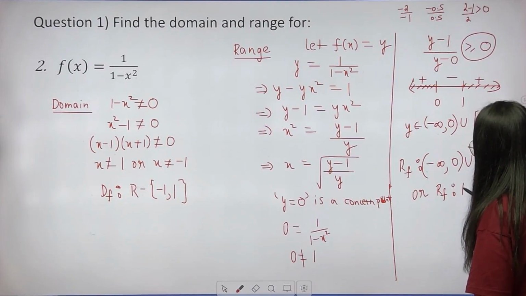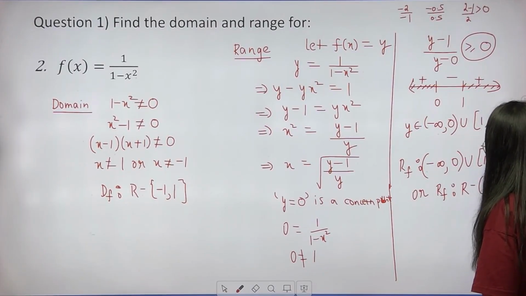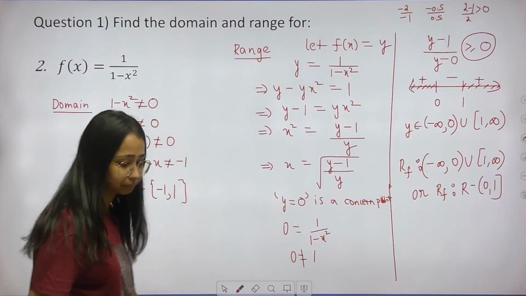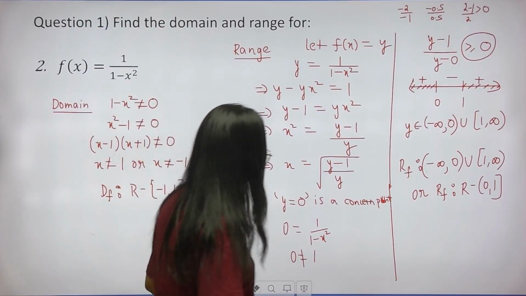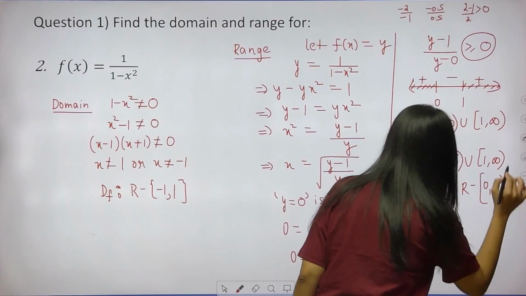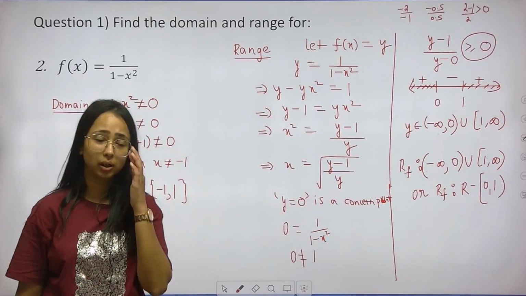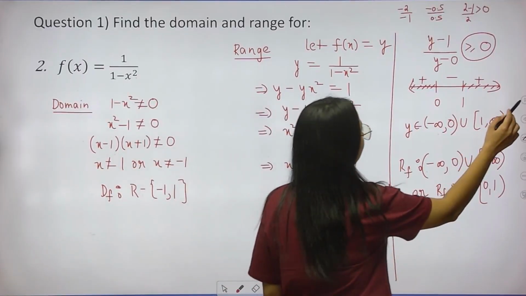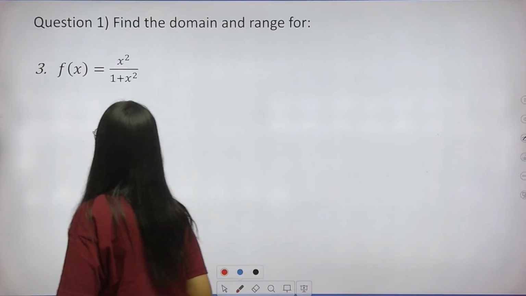Your range will be equal to all real numbers except 0 comma 1. Okay. Sorry, just a small correction, we are including 1 but we cannot include 0. Clear? Fine. Okay. All right, let's practice another question.